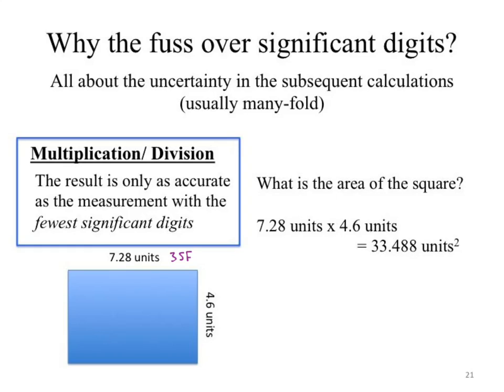How many sig figs in the measurement 4.6? Which is our least accurate measurement? 4.6, which means our answer, according to multiplication and division, needs to have 2 significant digits. So our answer is 33. Officially units squared.